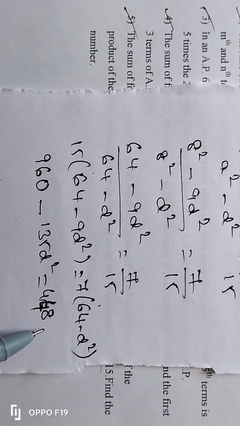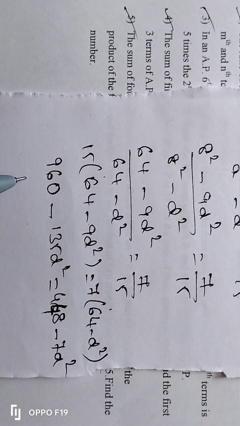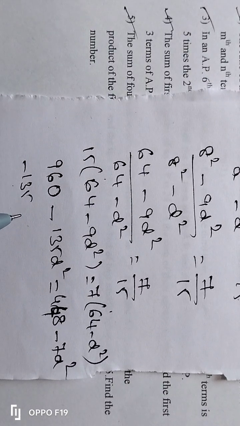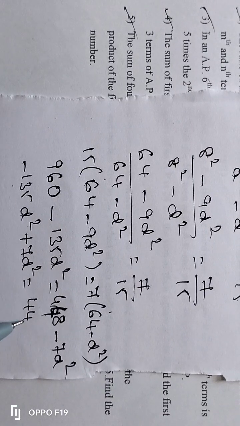So 448 minus 7d square. So now minus 35d square.